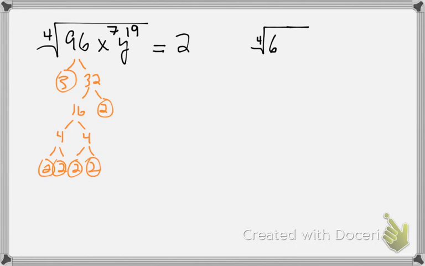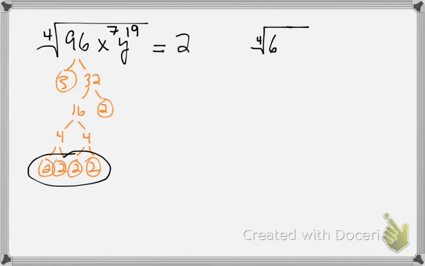A fourth power, right? Do I have a fourth power? The 2s, right? Yep. But I have an extra 2, don't I? I also have a 3 that's not part of a fourth power, right? Not part of a quartet. It's a sad little violinist. So if I have a 2 and a 3 that can't come out, they stay under. But a 2 and a 3 makes 6, because it's all multiplication.